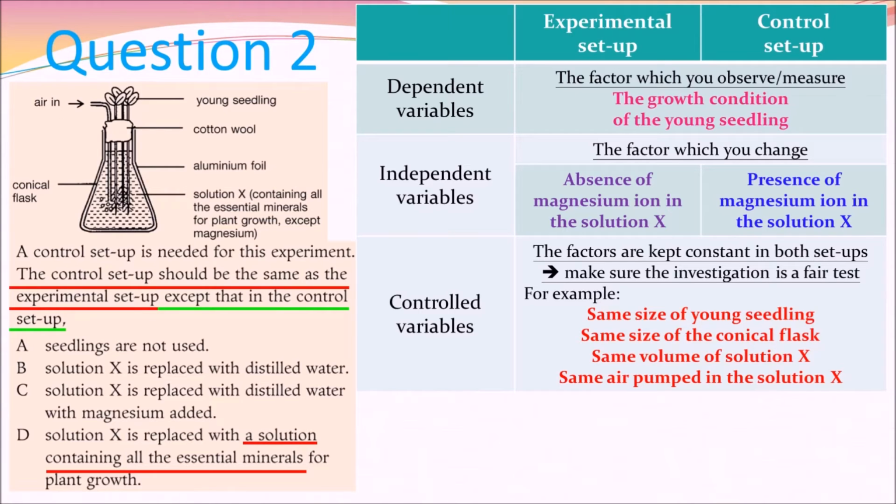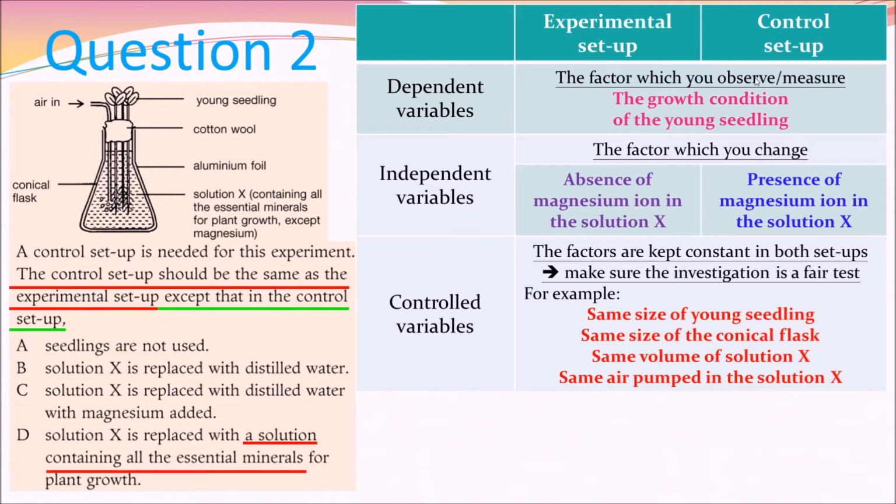So that's why for CV, actually in an experiment, there can be a lot of CV to make sure that it's fair enough. Understood? And then DV is talking about what you are observing or what you are measuring. In this part, we are going to investigate the effect of magnesium deficiency on the growth of the young seedling.